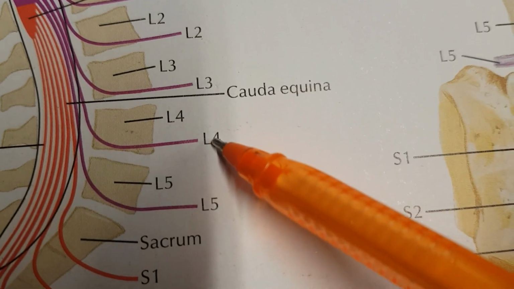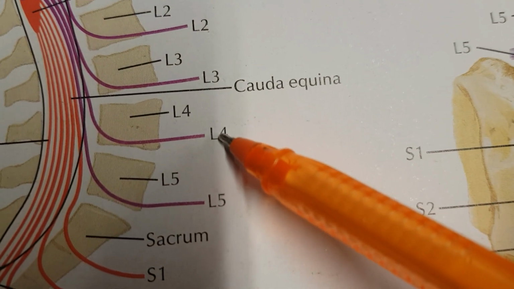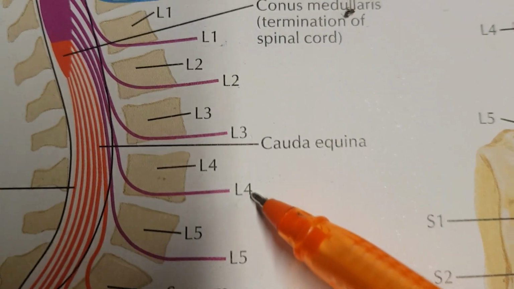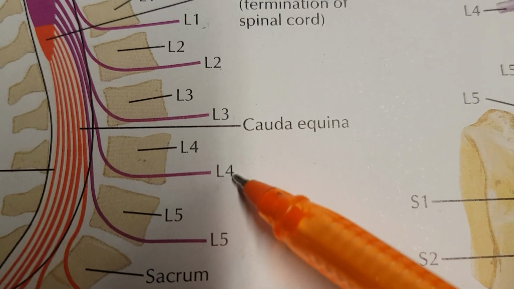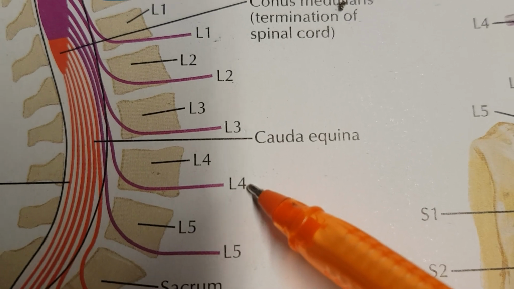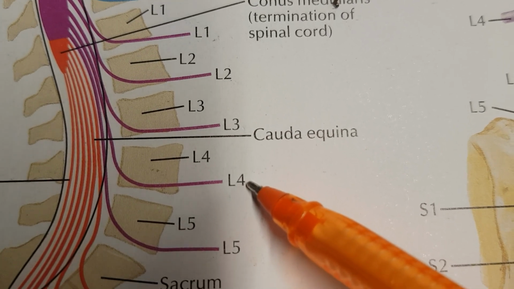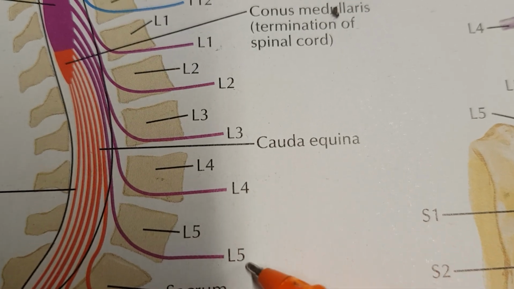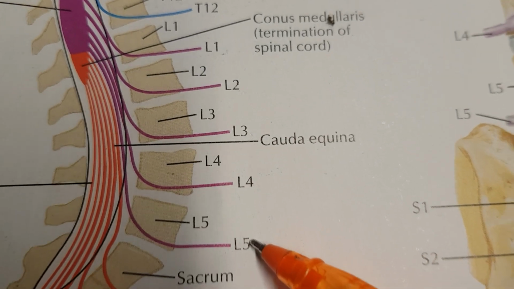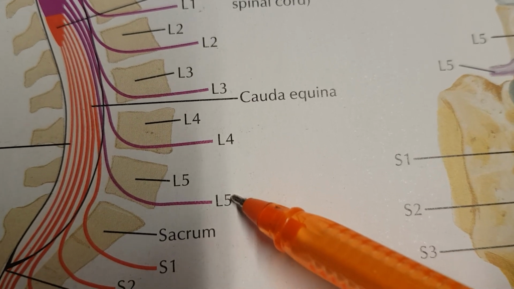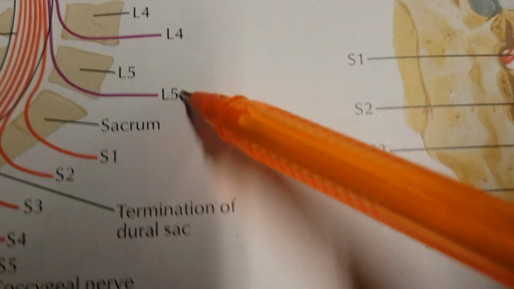Then L4, you test dorsiflexion of the foot. L5, then you test extension of the big toe.